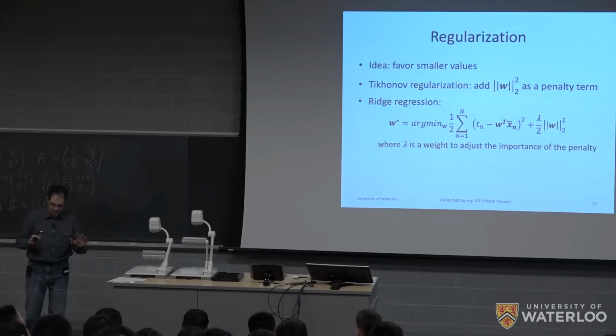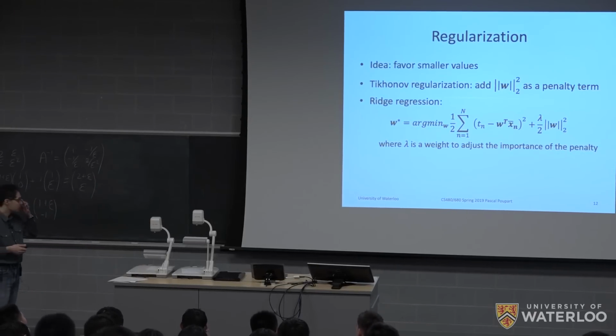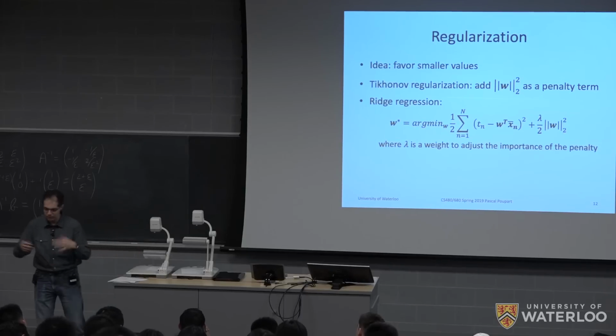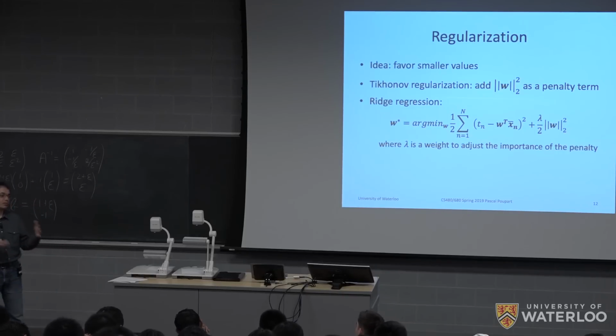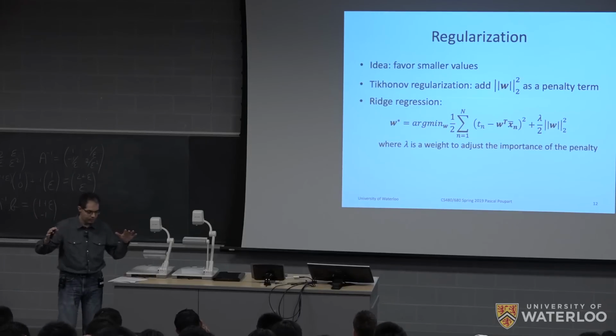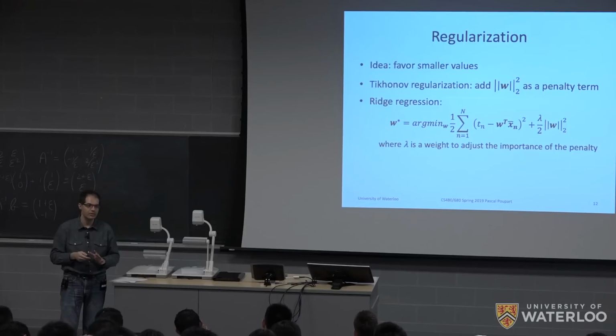All right, so now we need to find a way of dealing with this. One approach that we're going to see, which is common not just for linear regression but for lots of models, including neural networks, is known as regularization. What this means is that we're going to add a penalty term that will try to constrain to some extent the type of solution that we're going to consider.